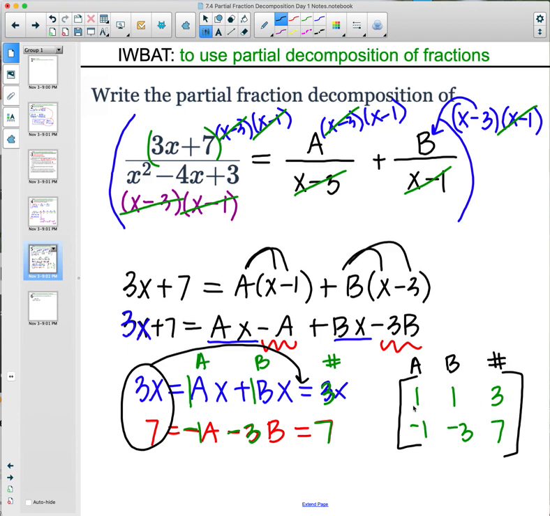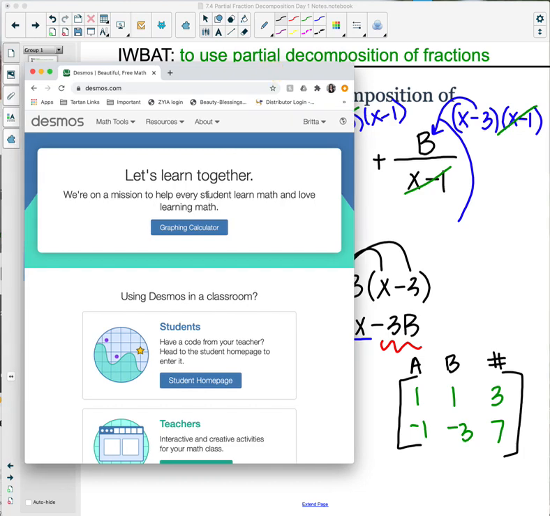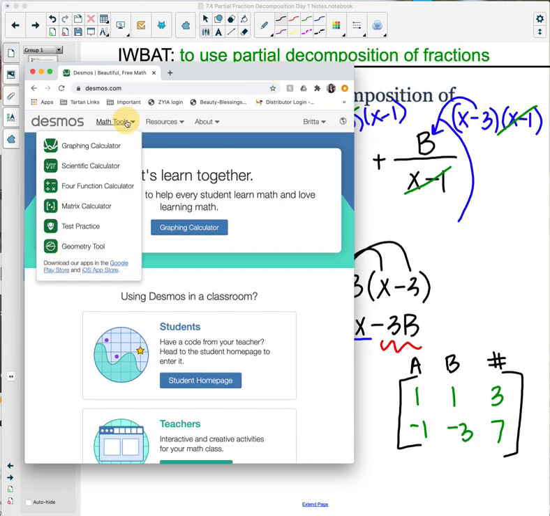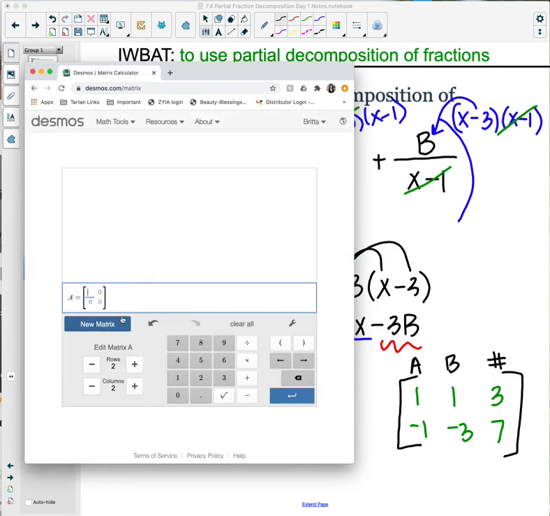So now you're going to go into Desmos. Okay, so go to your Desmos calculator. So go to desmos.com and then go to Math Tools and Matrix Calculator and type this in.